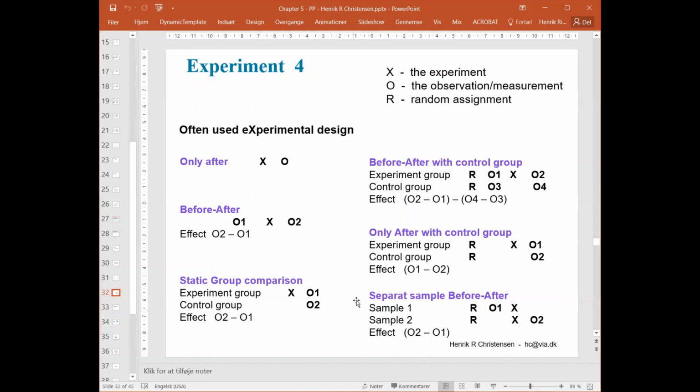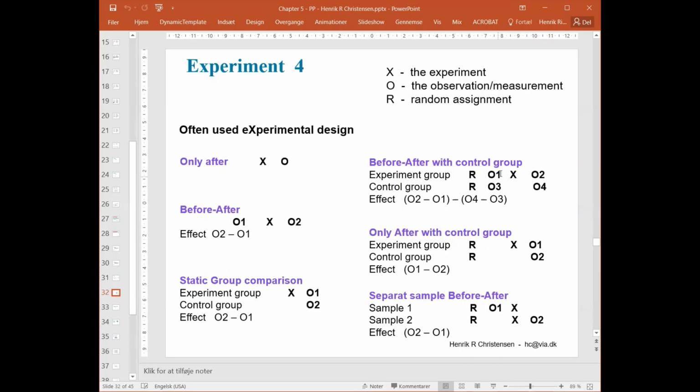Now, looking at something else up here, the before-after with control group. This is more like the one that is shown in your book, because here we are randomly assigning members to the experiment group and to the control group. Then in the control group, we measure, and then we measure again at a later point in time.